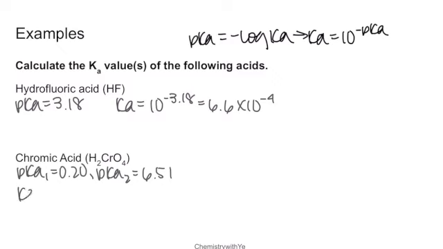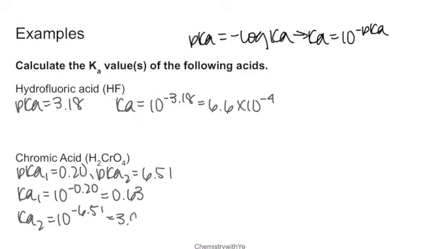So the first Ka value would be 10 to the negative 0.2, which is 0.63, and the second Ka value would be 10 to the negative 6.51, and it'll have a value of 3.9 times 10 to the negative 7.